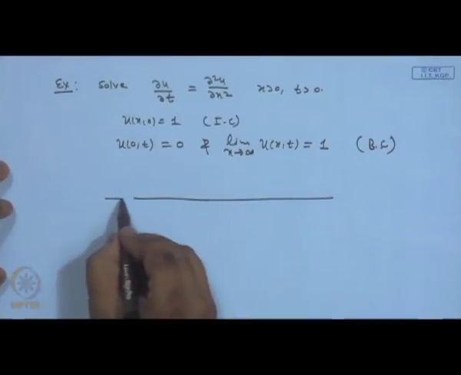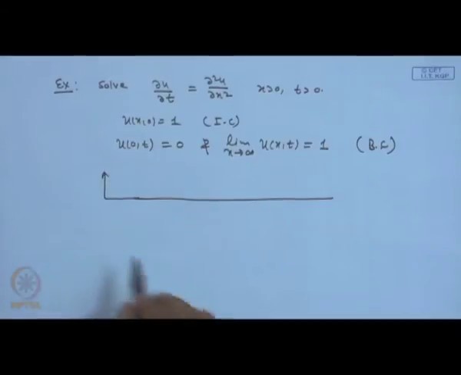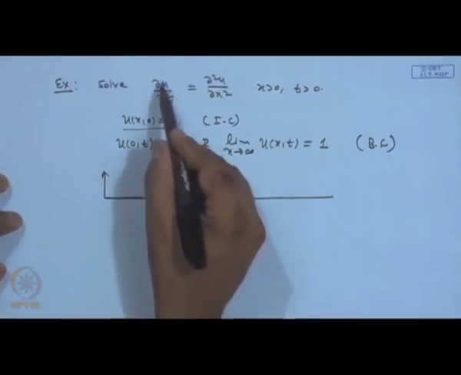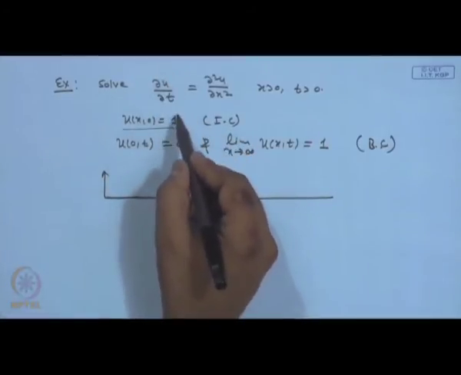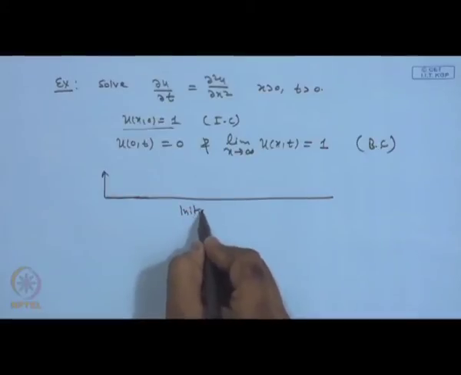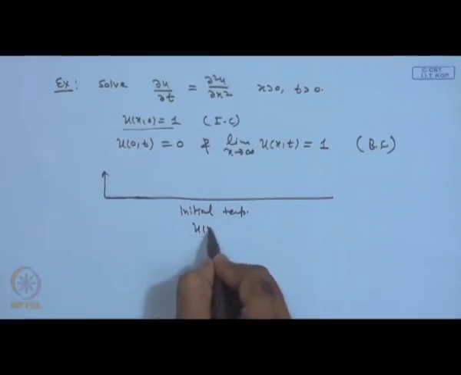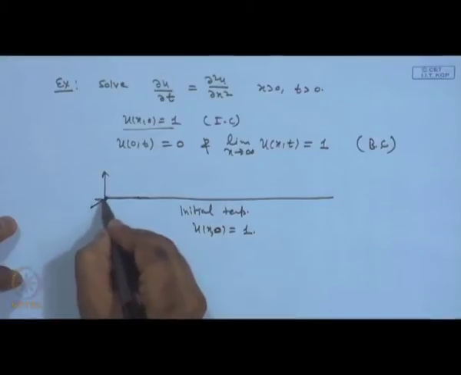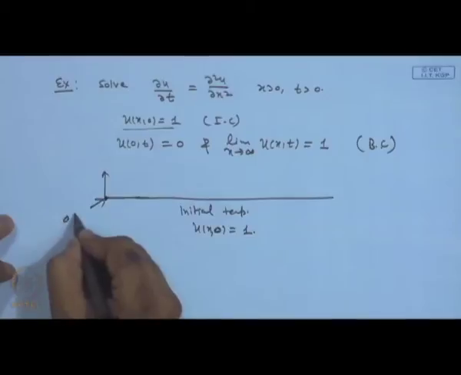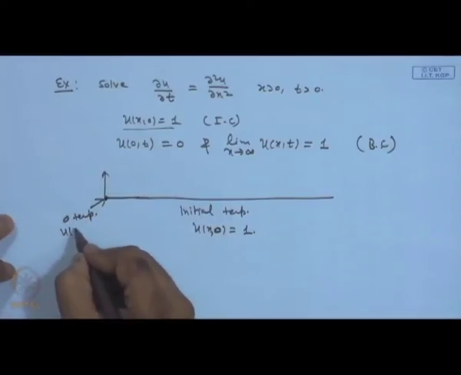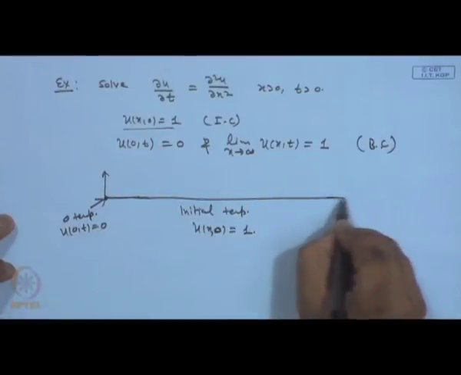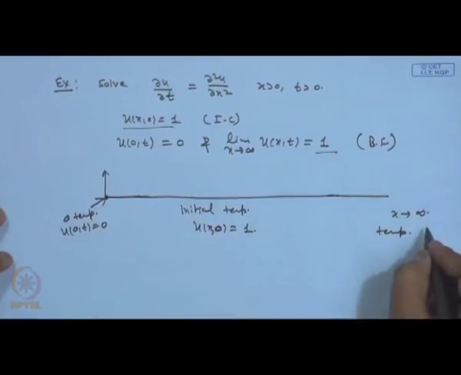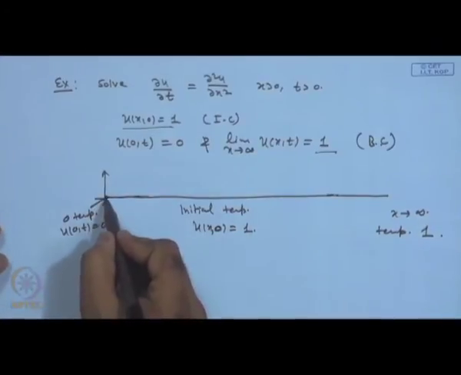So, if we consider an infinitely long metal bar, and think of this u as a temperature, the initial temperature, that is u x 0, was 1, and this end of the bar is kept at 0 temperature because it is given u 0 t is 0, and as x approaches infinity, the temperature is again 1 as the initial temperature, because we put this end at 0.